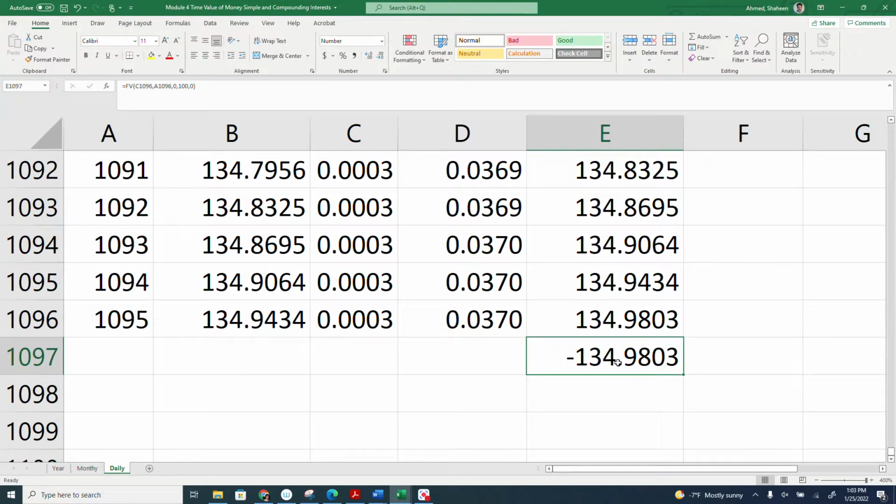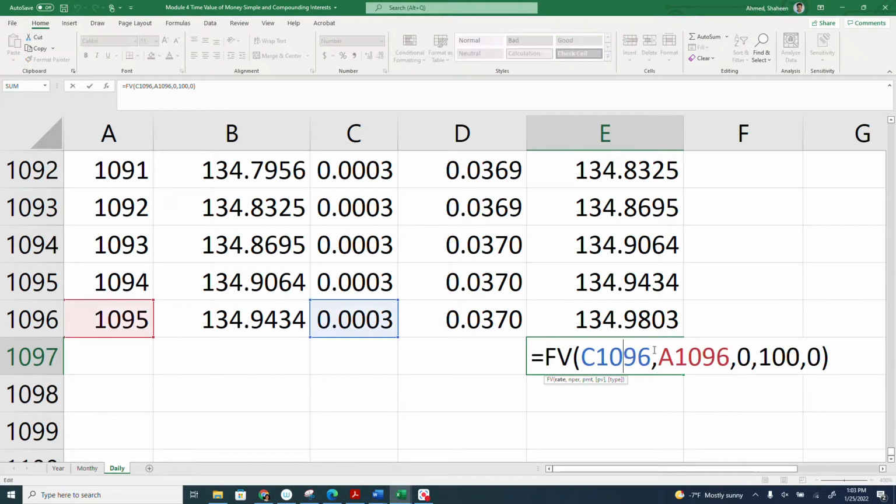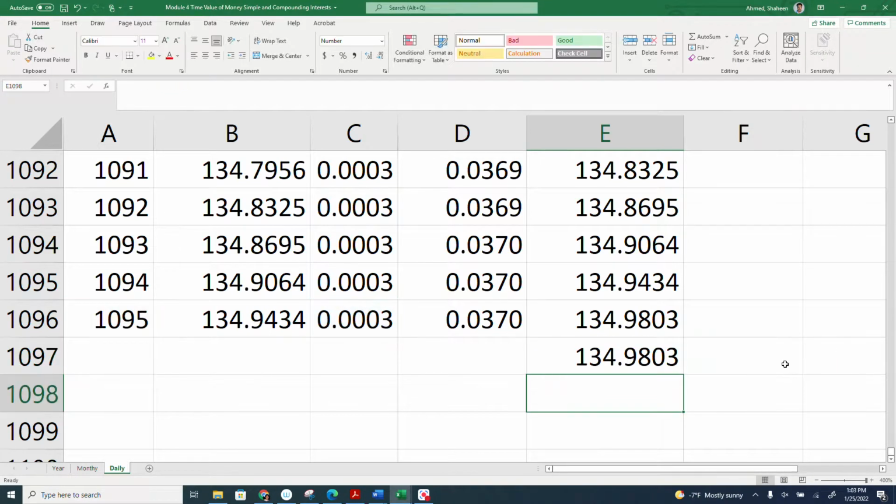Again, Excel will give you a negative value because it is thinking that you got that $100 today, you're going to pay back this much. So that's going to go out of your pocket. Now, if you say invest $100, so negative sign there, money going out of your pocket, then you get a positive number. So I hope this explains simple interest, compounding interest.